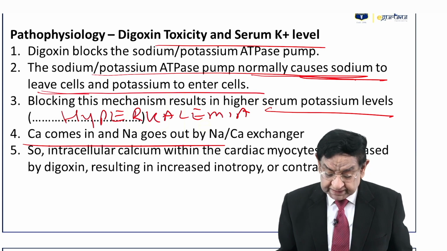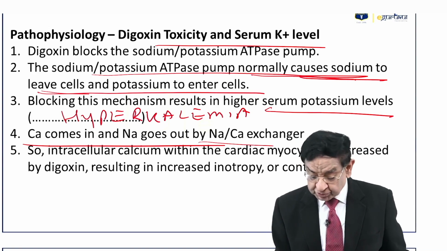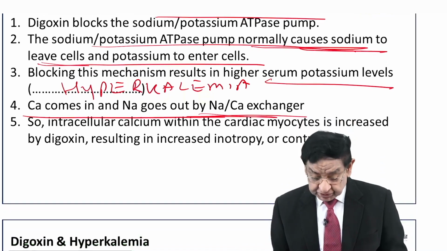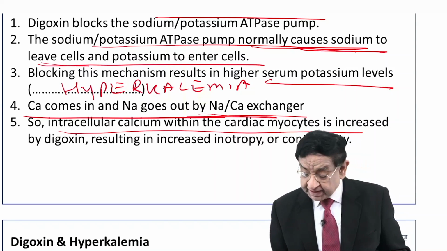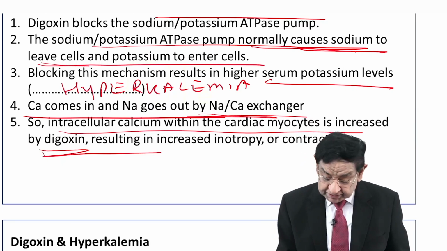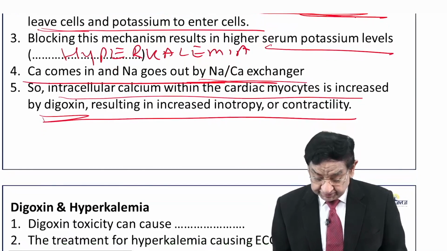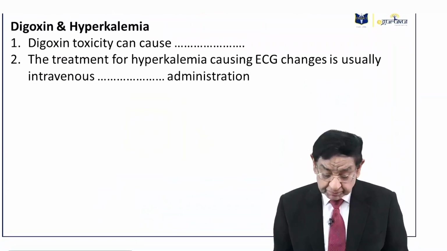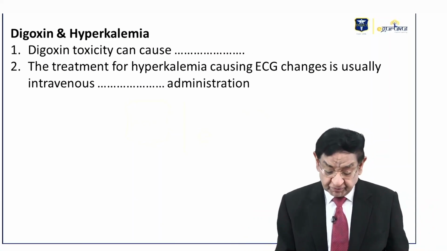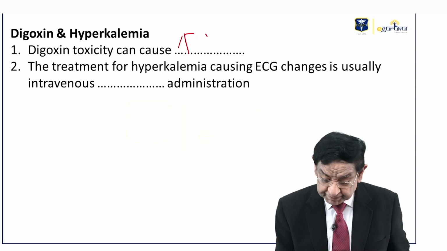So more and more calcium comes in, sodium goes out via the sodium calcium exchanger. So intracellular calcium within the cardiac myocyte is increased by digoxin, resulting in increased cardiac contractility. Okay. Well, so we learned the basic mechanism why digoxin causes hyperkalemia.